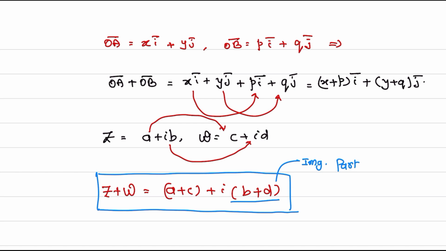A complex number will have two parts. This is real part. Real part coefficients are added together. Imaginary part coefficients are added together when you want addition of two complex numbers.